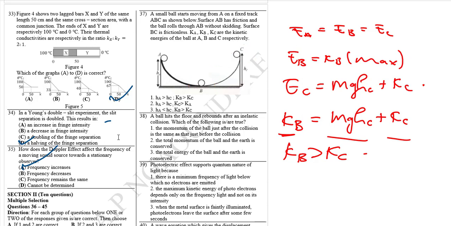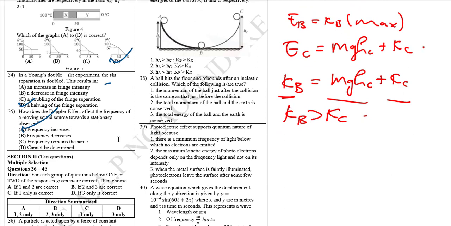And you see from here that hc is greater than ha. So what do you observe? If hc is greater than ha and KB is greater than KC, it means only 3 is correct. And if only 3 is correct, what's going to be the correct option? D.